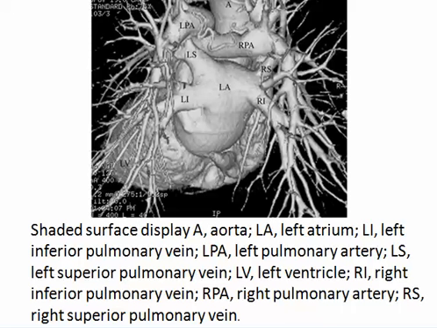So remember that the left atrium is posterior and along the upper part of the heart, whereas 4 veins are going into it: the left inferior pulmonary vein, the left superior pulmonary vein, the right superior pulmonary vein, and the right inferior pulmonary vein.